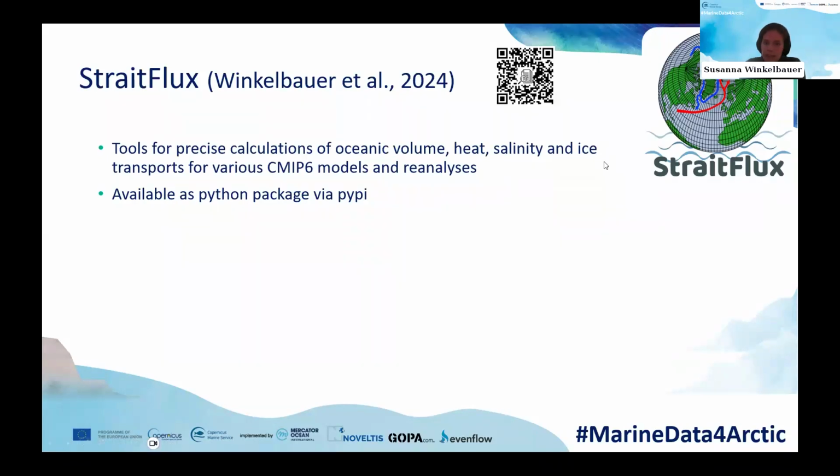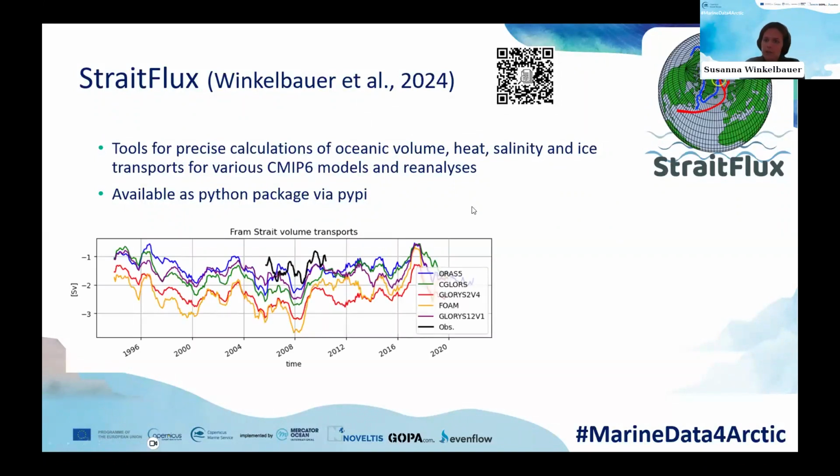I won't go into the details behind the calculations. However, just to mention, we have two main functions. The first one provides the net integrated transports through desired sections just by supplying the coordinates of the sections.